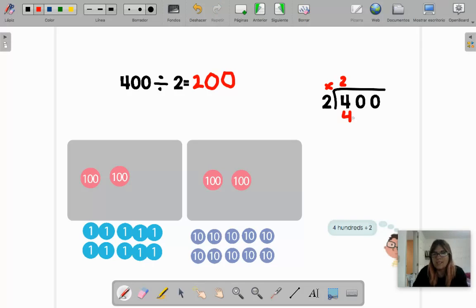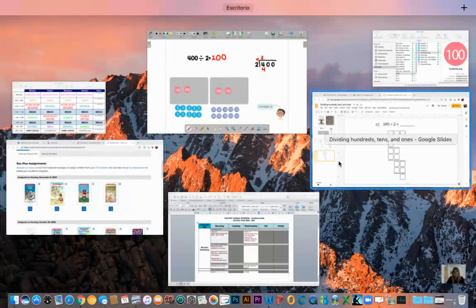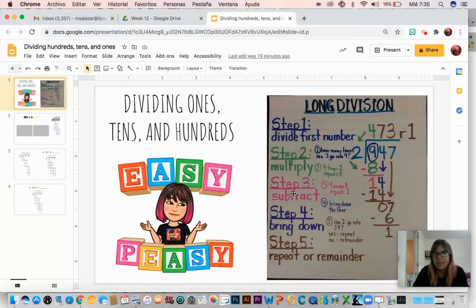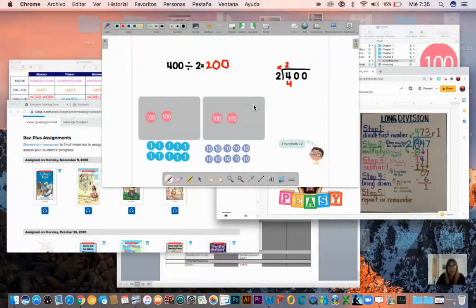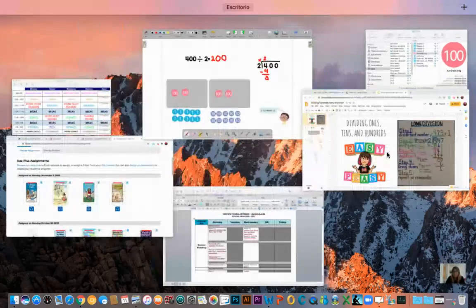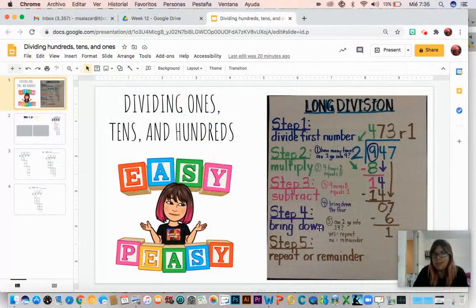What was the next step of the chart? Let's go and see. So you follow the steps. Then subtract. Okay, so let's subtract. 4 minus 4, 0. Okay, what is the next step? Bring down.